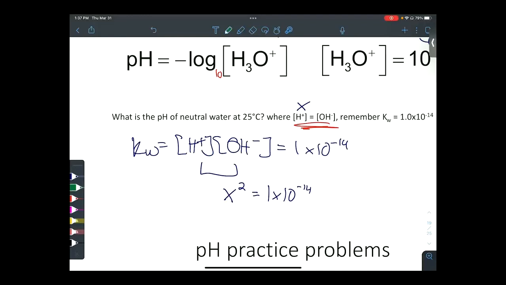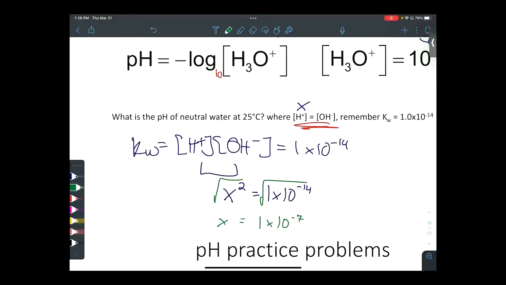So if we take the square root of both sides, X, or the concentration of one of them, it doesn't matter which, X equals 1 times 10 to the negative 7. Make sure that you can do this math with exponents on your calculator for the exam.